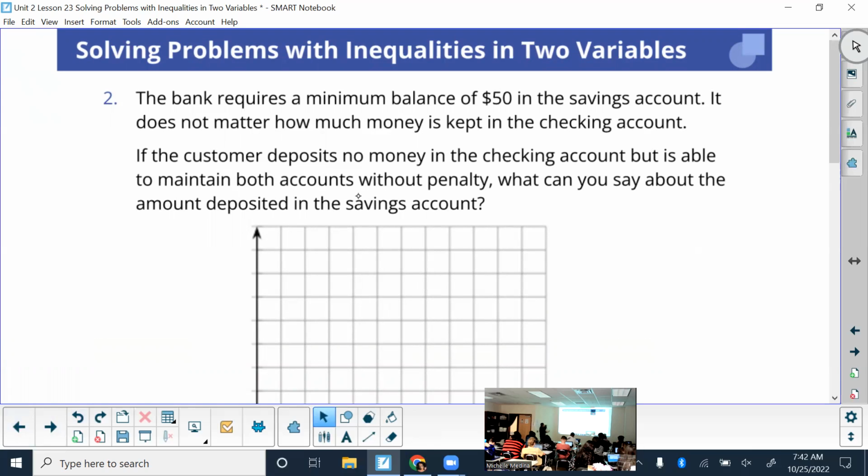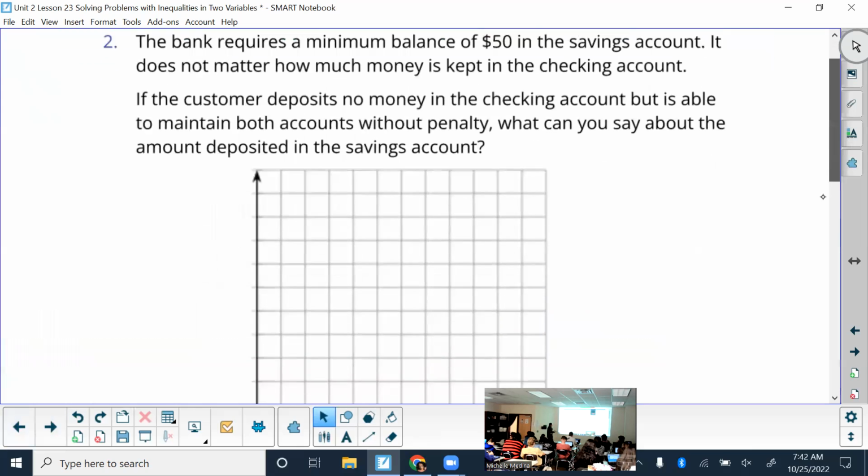The bank requires a minimum balance. It does not matter how much money is kept in the checking account. If the customer deposits no money in the checking account, but is able to maintain both accounts without penalties, what can you say about the amount deposited in the savings account?